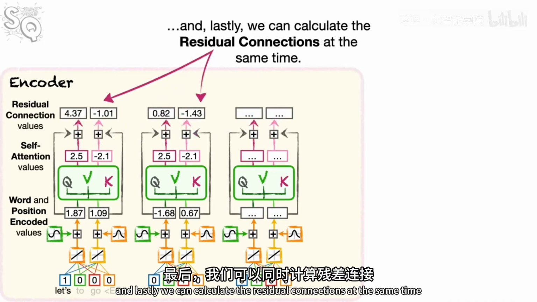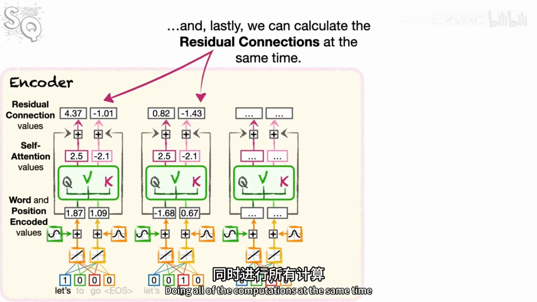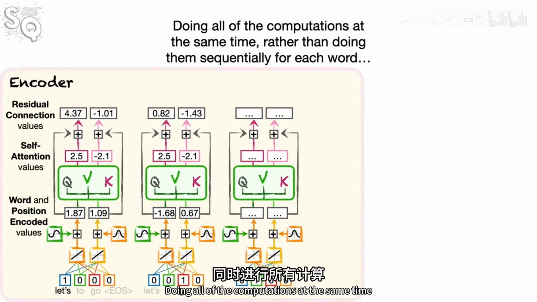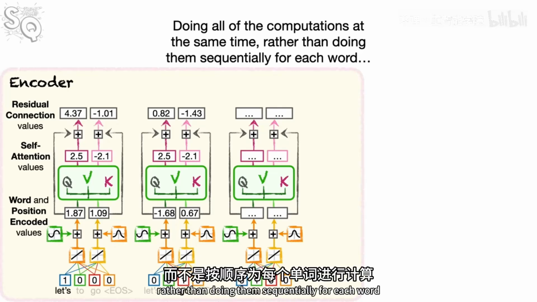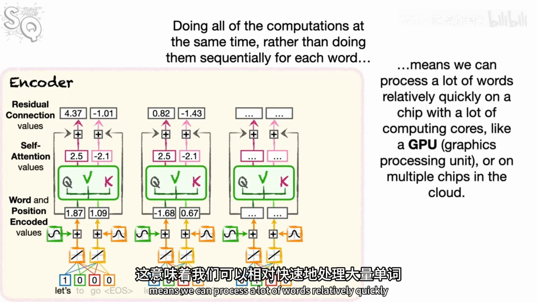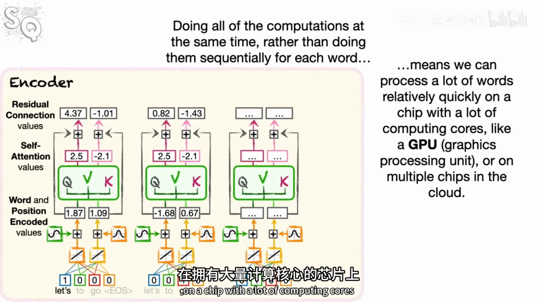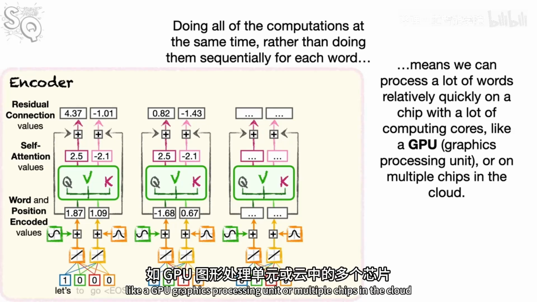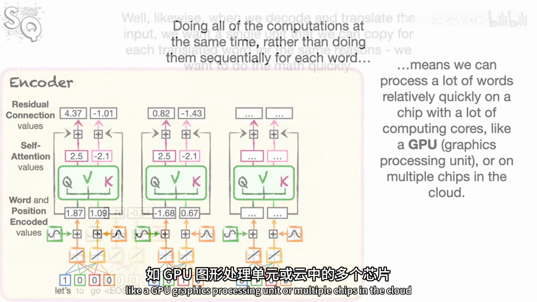And lastly, we can calculate the residual connections at the same time. Doing all of the computations at the same time rather than doing them sequentially for each word means we can process a lot of words relatively quickly on a chip with a lot of computing cores, like a GPU, graphics processing unit, or multiple chips in the cloud.